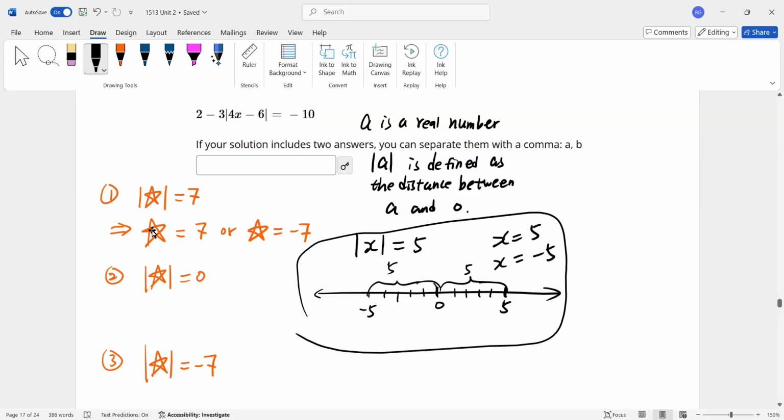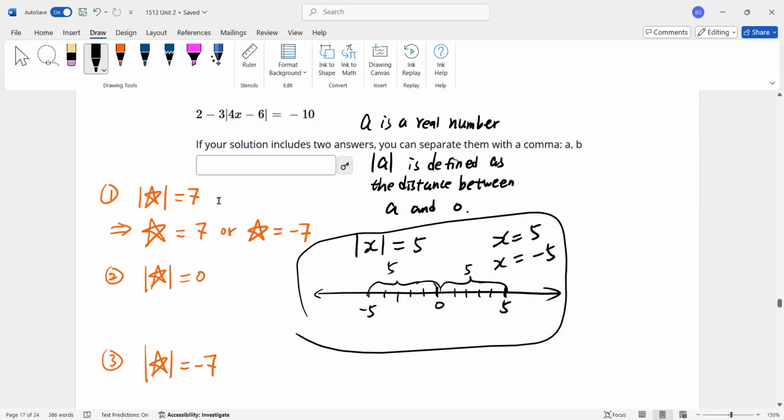But it is going to be an expression in x. So if the absolute value of the expression equals 7, we should quickly rewrite that equation as whatever is inside the absolute value, the star, equals 7 or equals -7.